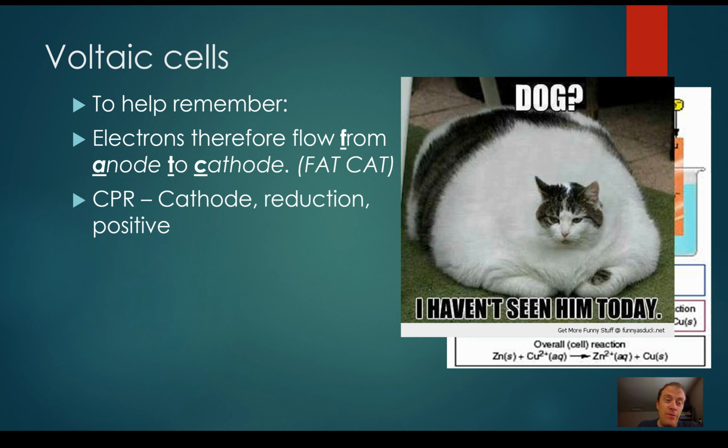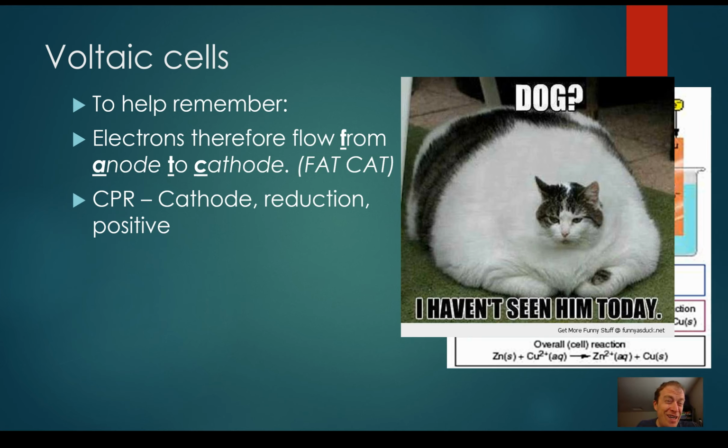Then there's another saying, CPR, like life-saving CPR, which stands for cathode, reduction, positive. If you remember that, then the anode must be where oxidation takes place and is negative. The anode is just the opposite of all those things.